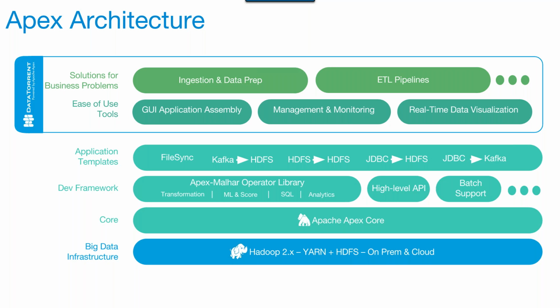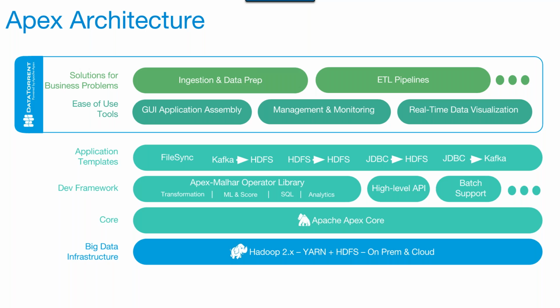On top of it, we have the Apex core engine, which is a real-time streaming engine, and which also has features like fault tolerance and scalability. On top of it, we have the Malhar library, which has a bunch of operators, including connectors like input connectors and output connectors.